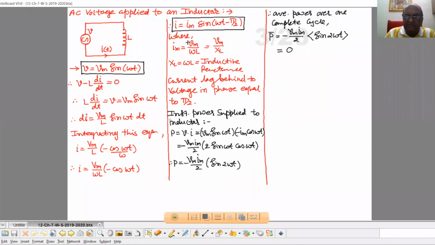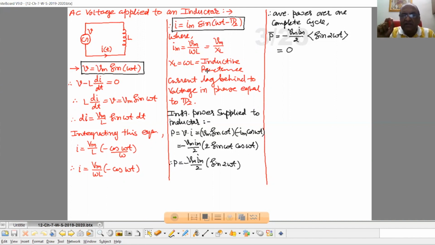This is the maximum voltage. Voltage divided by omega L means voltage divided by something that is equal to current. It implies that this something should be a resistance. So this omega L is denoted by XL, and that is called inductive reactance.